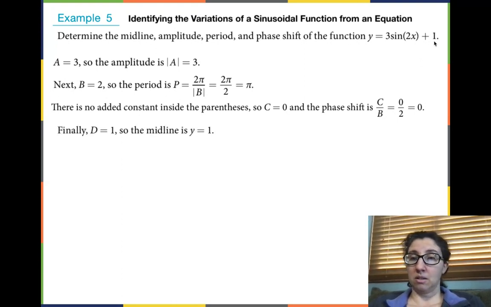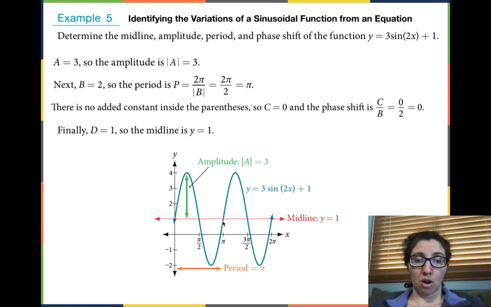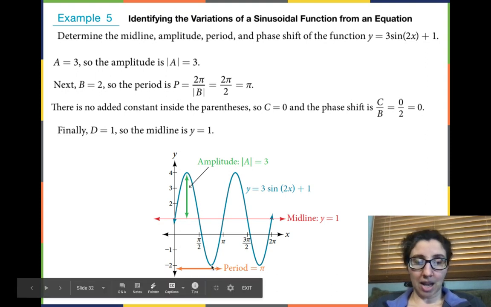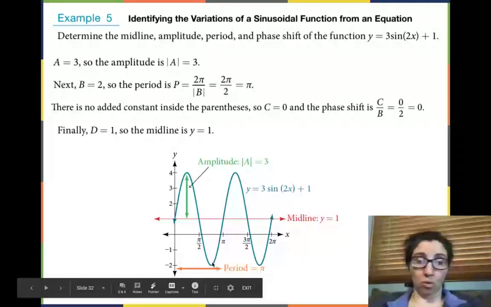And the midline, we're shifting the midline up by 1. So our graph is going to look like this. Our period is pi. Our midline is shifted up by 1. Our amplitude is 3, so we go up to 4 and down to -2. And what else? That's all. There's no horizontal shift.